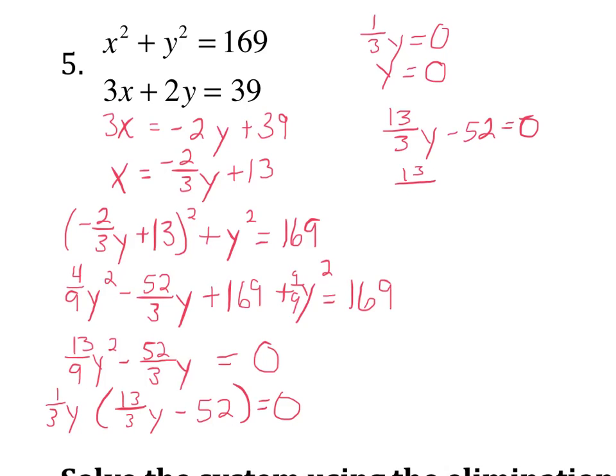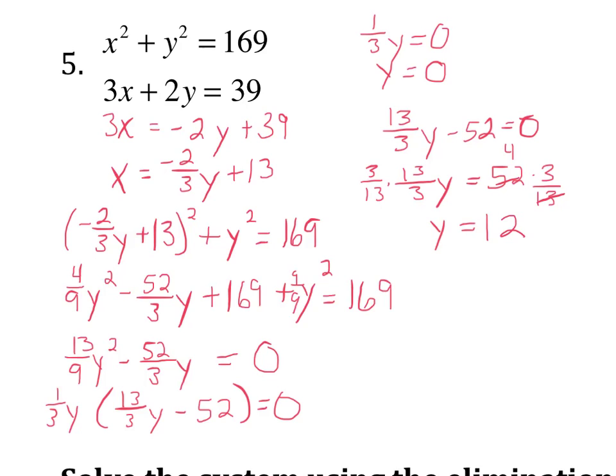So 13/3 y will equal 52. We multiply by 3/13. Hopefully that comes out to be a nice number. 13 goes into 52 4 times, so we end up with y equals 12.